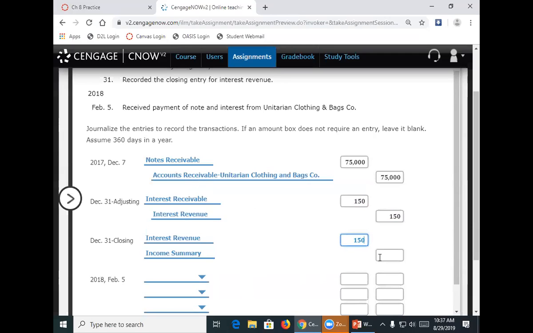So are you doing the whole month of December? Well, you're doing the 24 days that have passed. We issued the note on December 7th, and now it's December 31st. So what we're recognizing there is just the 24 days of interest that has accrued.